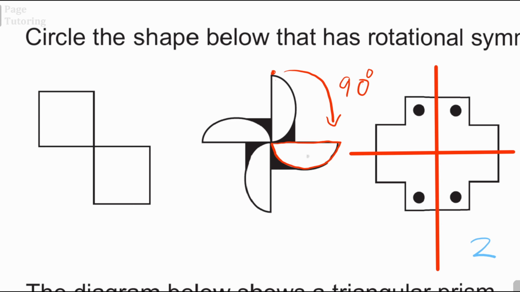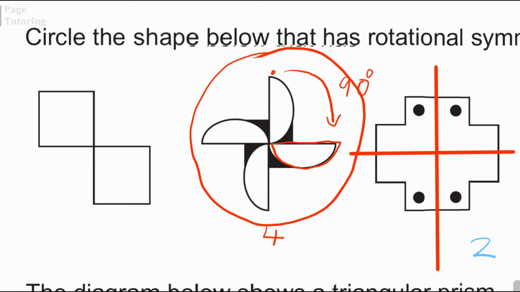So if that lies there, then the next one would follow and follow and follow, and voila, the shape would look exactly the same. So rotating this shape 90 degrees means it'd look the same. So this shape has an order of 4 rotational symmetry. So we're going to now circle this shape. We don't have to check the last one.